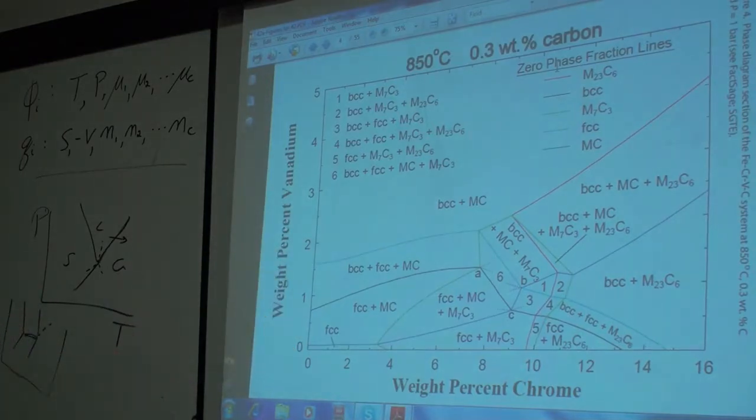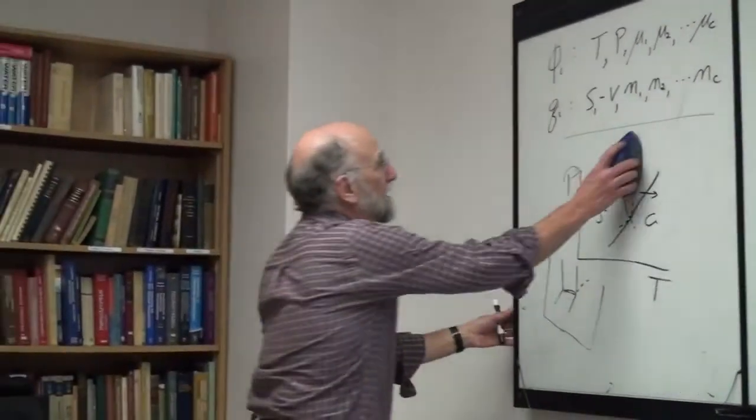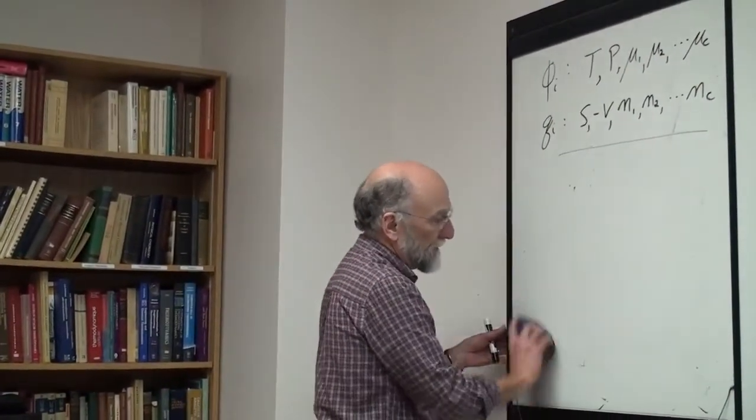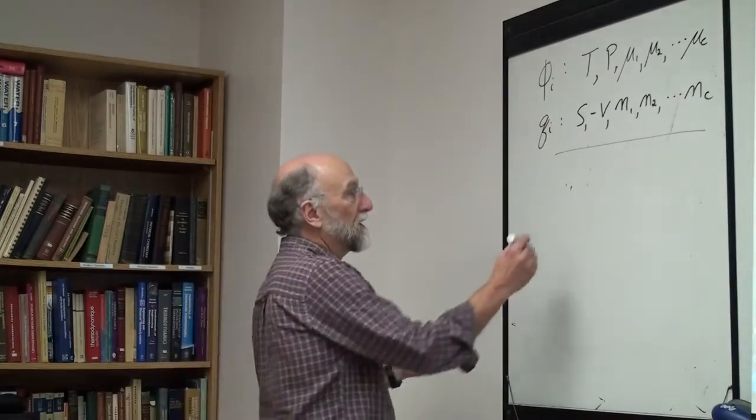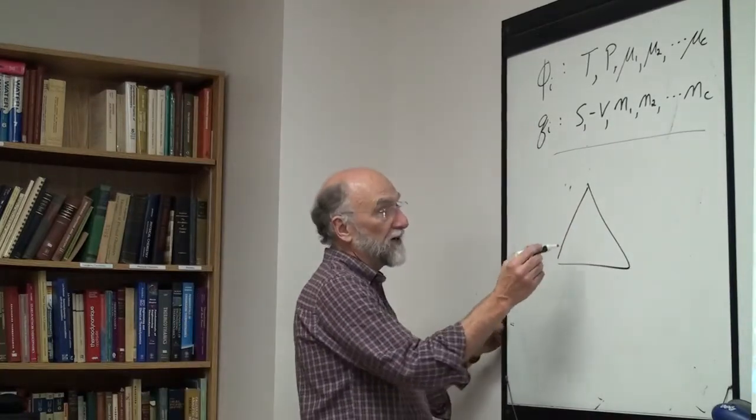Okay, the only problem with this algorithm where it can fail is if you have a zero phase fraction line that does not intersect the boundary of the diagram and also does not intersect any other zero phase fraction line. So I can imagine I have a ternary phase diagram here.